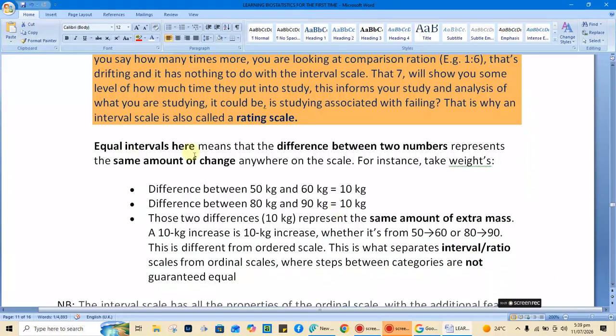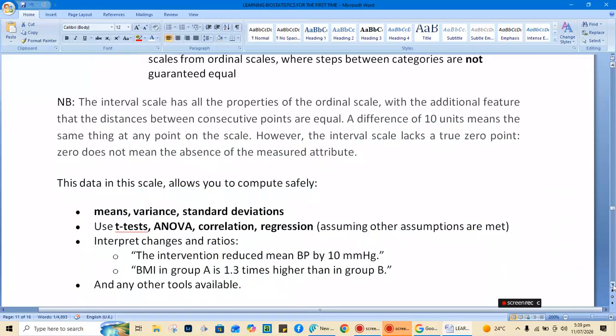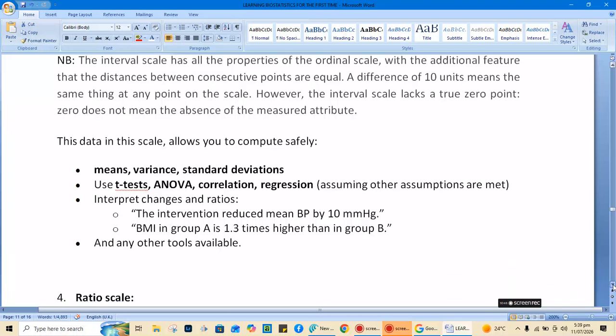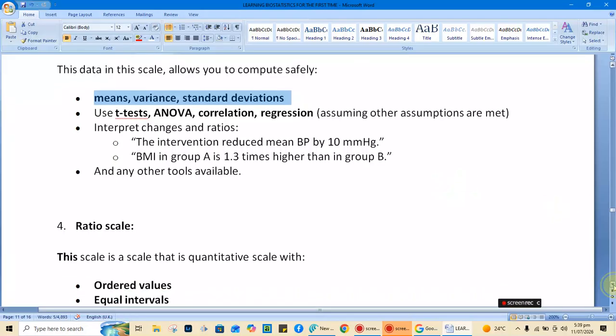Equal intervals here means that the difference between two numbers represents the same amount of change, whereas the zero is simply an arbitrary point that has been put there to show where we start. So for such interval data, you can look at means, variance, standard deviation, and all of the other tests that you can conduct.